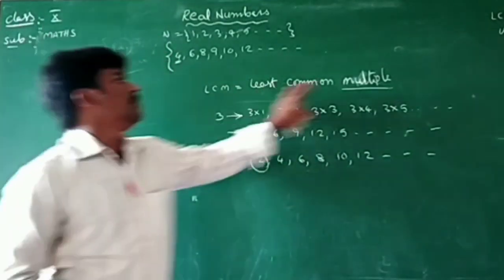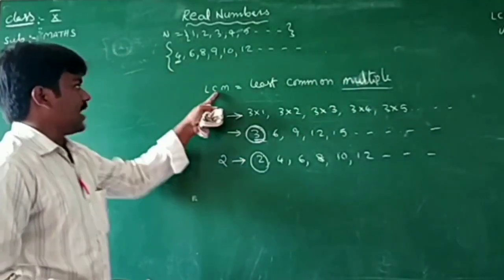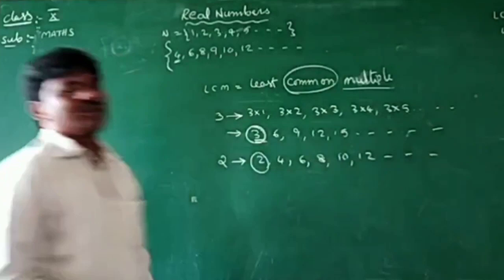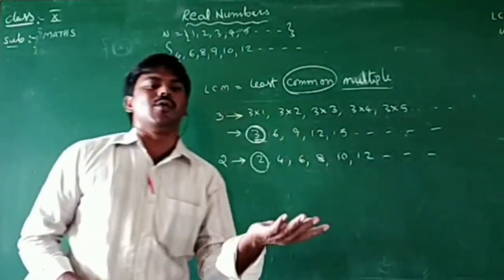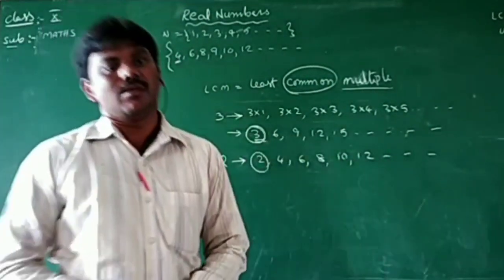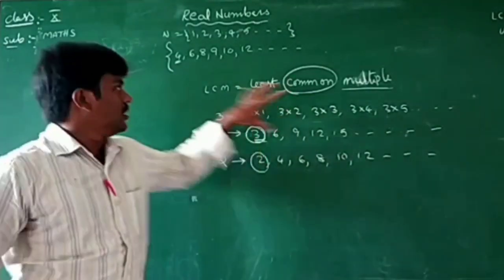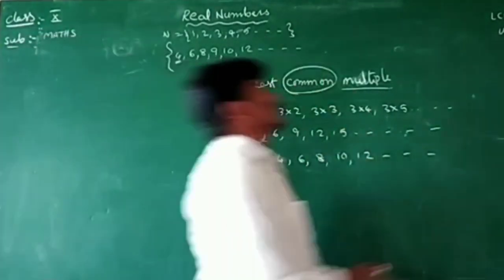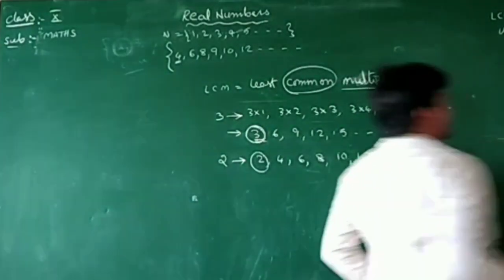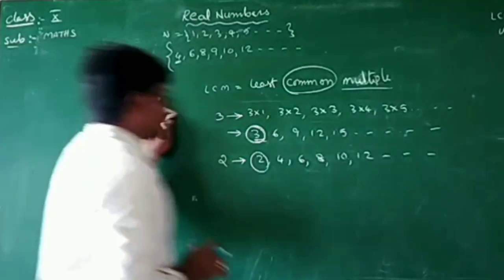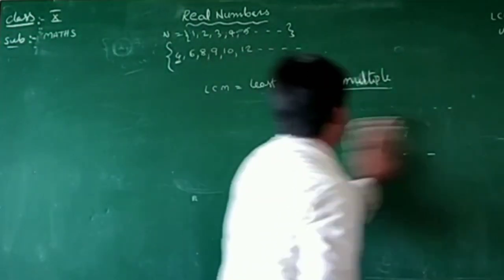So these are the multiples. Now see, find the LCM. LCM has the word common, and we use the word common only for more than 2 objects. So to find the LCM, we should use at least 2 numbers.